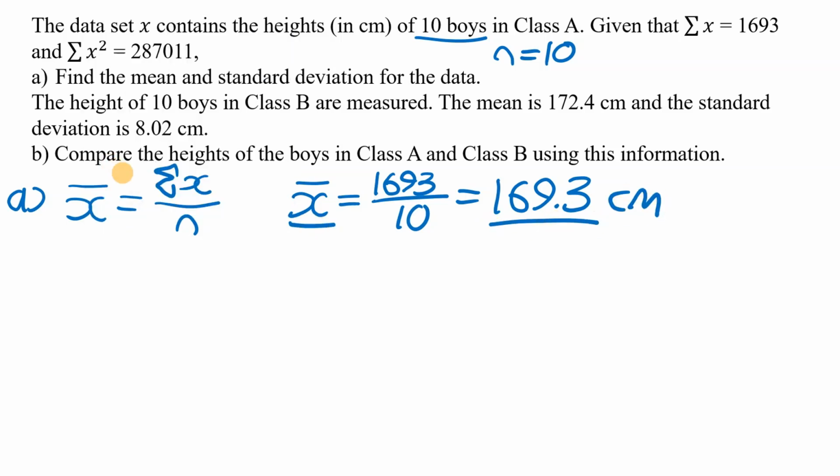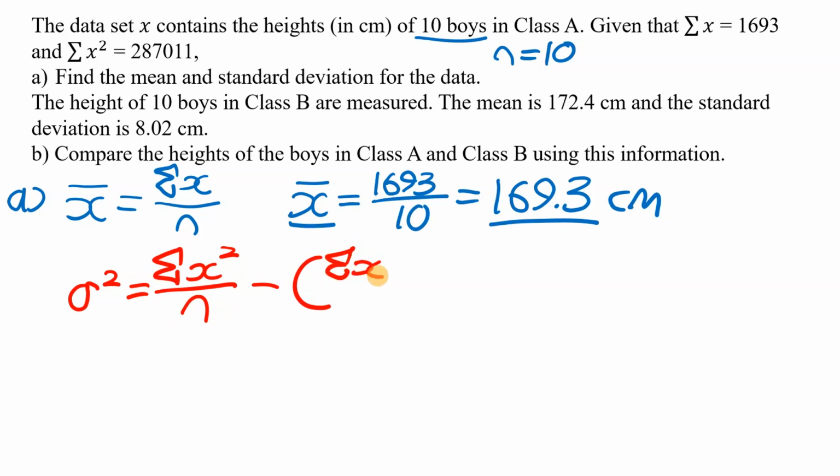And then to find the standard deviation, let's start with the variance. So remember the formula for variance, it's sigma x squared divided by n minus sigma x over n squared. A way you can remember this is it's the mean of the squares minus the square of the mean.